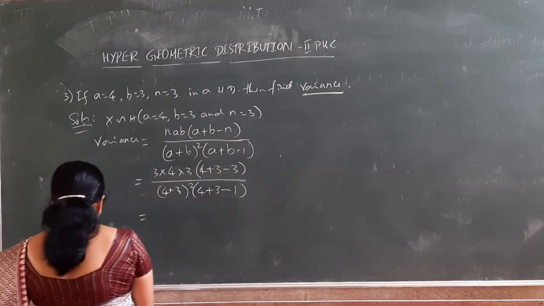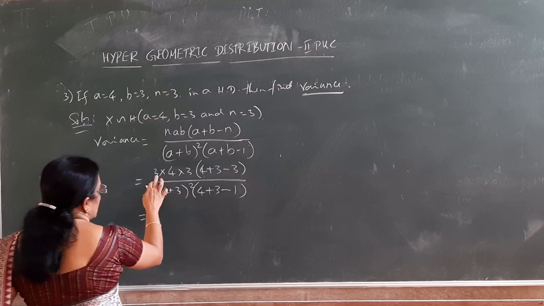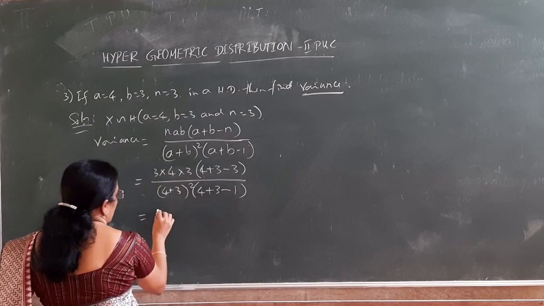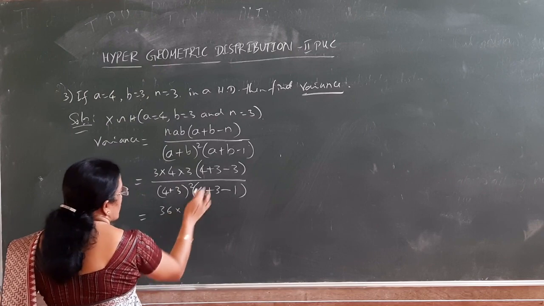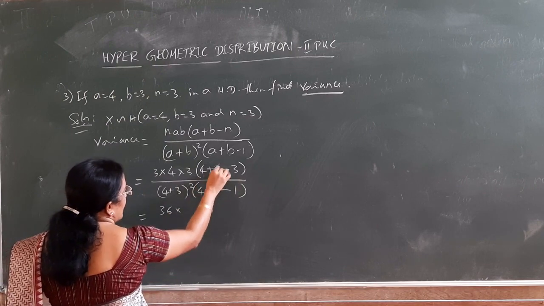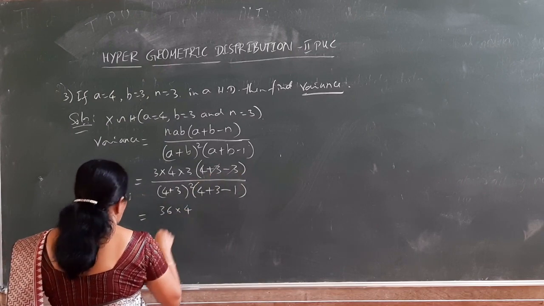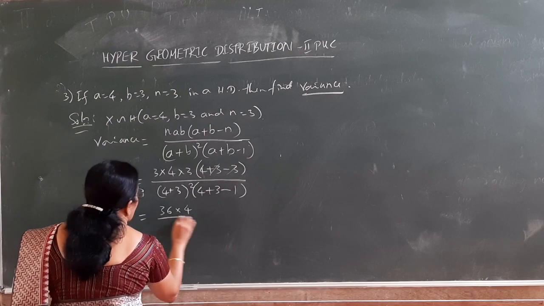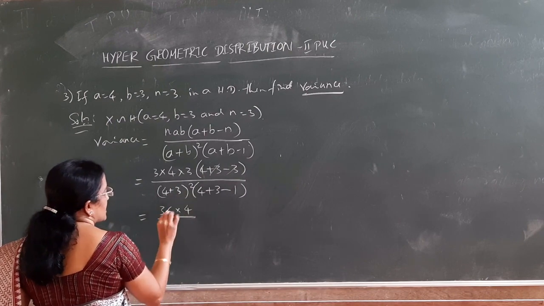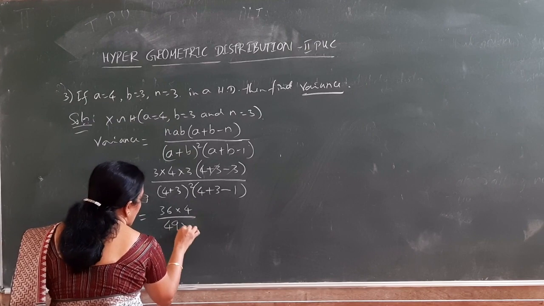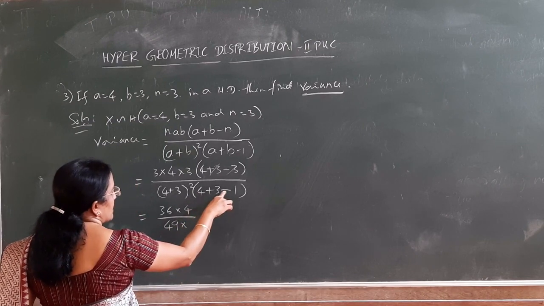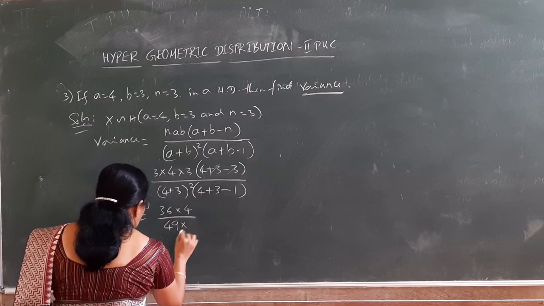Now go on multiplying. First one, 3 into 3 into 4, 36, into 4 plus 3 minus 3, 4 remains, so 36 into 4, divided by 4 plus 3, 7, 7 square, that is 49, into 4 plus 3, 7, 7 minus 1, that is 6.